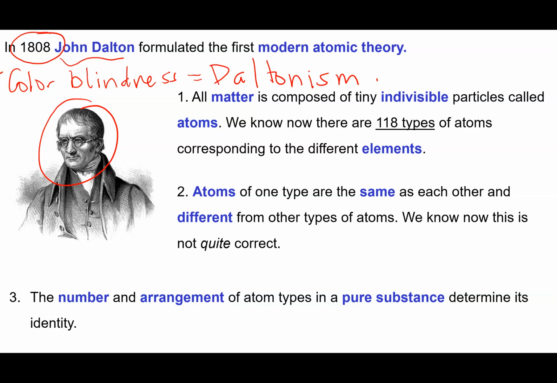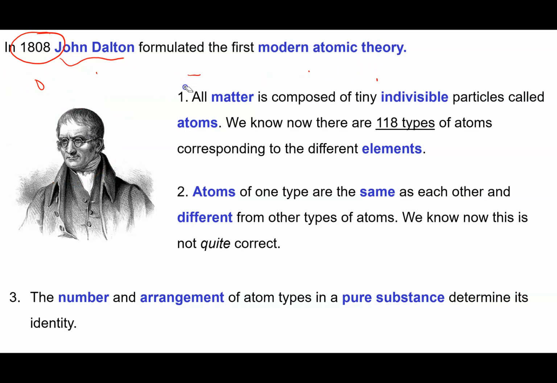So I list out here Dalton's 5 postulates written in modern language, as I mentioned, and I also add little bits of information where we know that he was a little bit off the mark with his theory. His first postulate is pretty familiar. He says that all matter is composed of tiny indivisible particles called atoms.